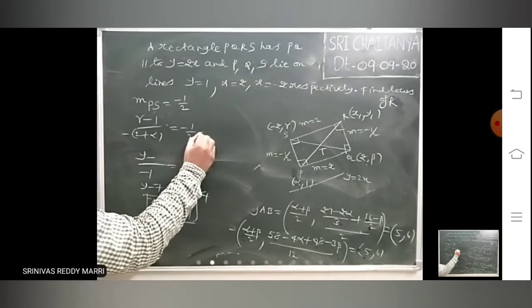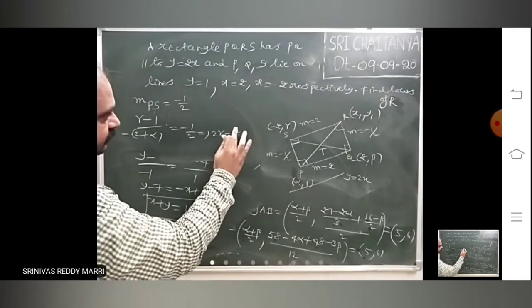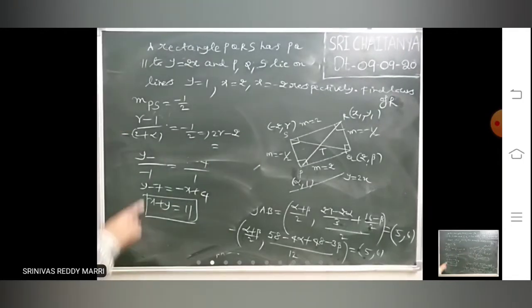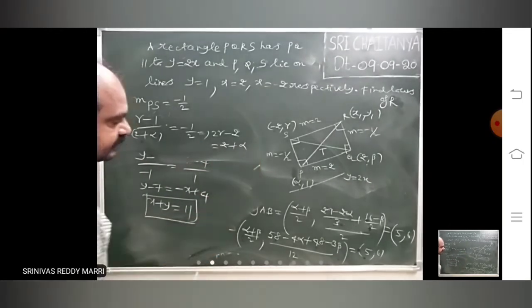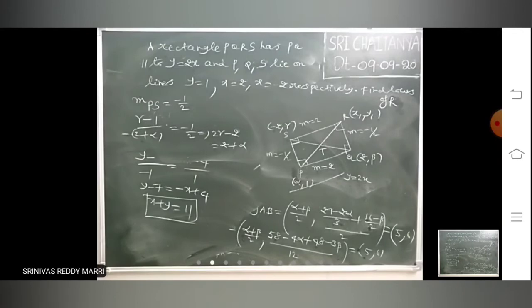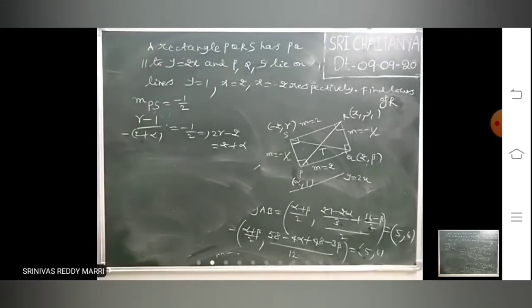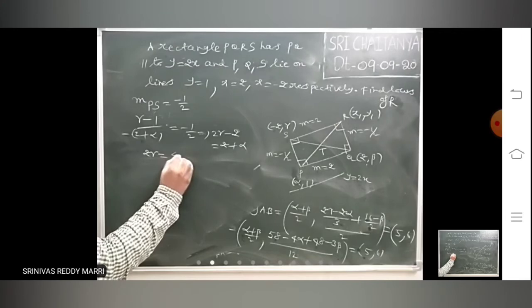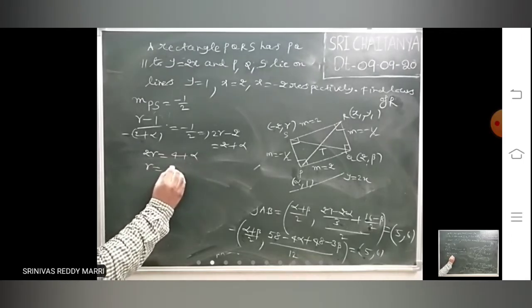That means you will get 2 gamma minus 2 equals to, bring this side, 2 plus alpha. So therefore 2 gamma equals to 4 plus alpha.